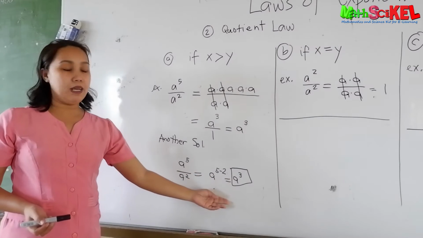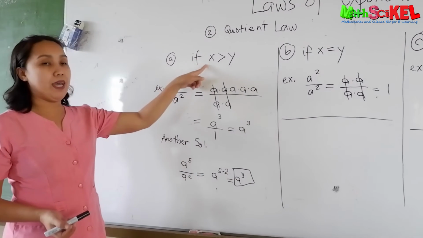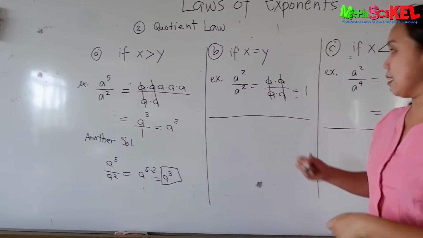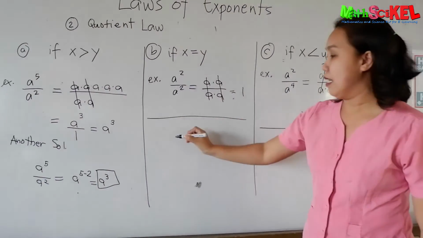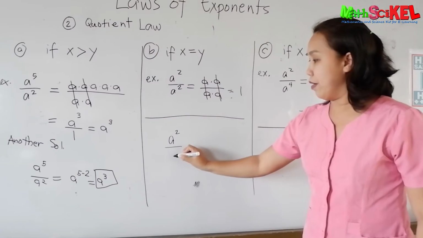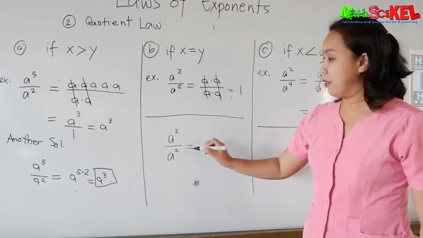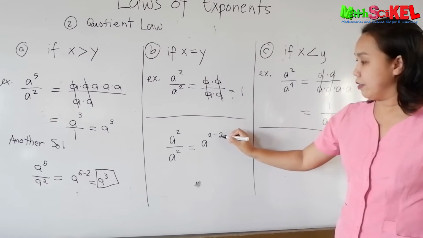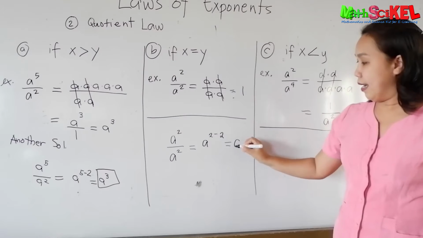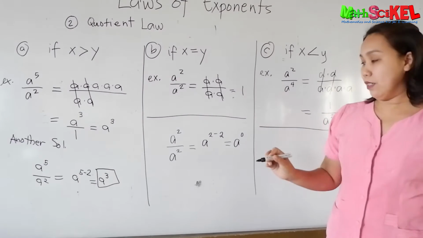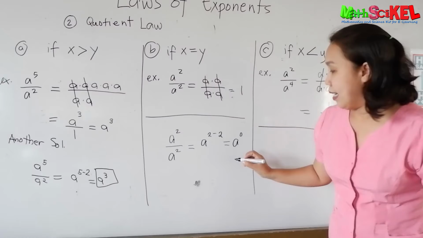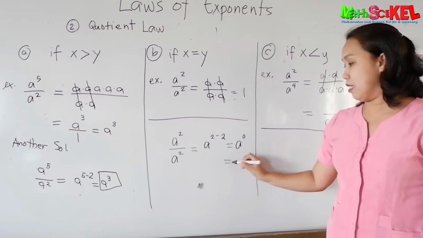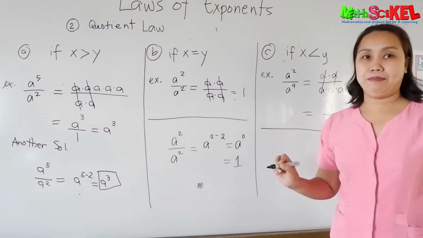It can only be a cubed if the value of x is greater than y. This time, as you can see, we have the same exponent. So a squared over a squared will be written as a squared minus another a squared, or a raised to 0. According to the properties of integers, any number raised to the 0 power is always 1.